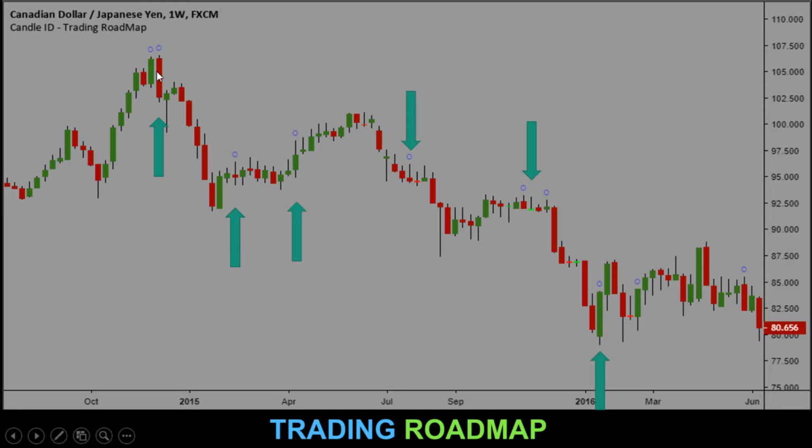And if you notice what happened here, we opened near the high of the previous bar. However, if you look here, that's also an outside bar, but we took the highs and lows. But what happened here, we closed in the middle, so it's a doji. So it doesn't have the same power as this bar because it closed in the middle.